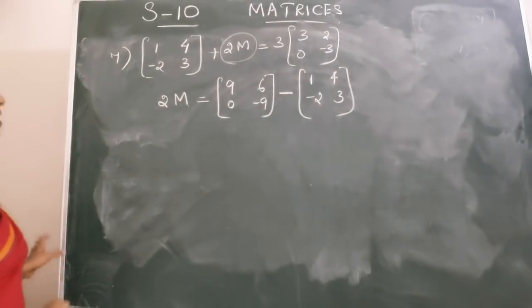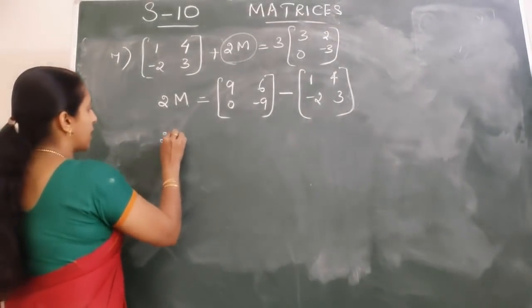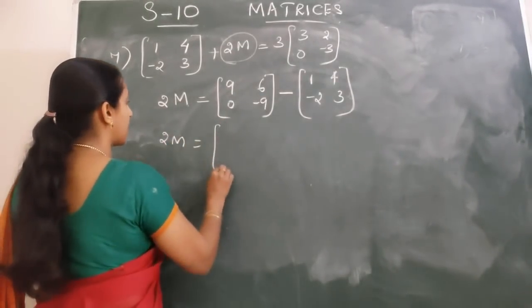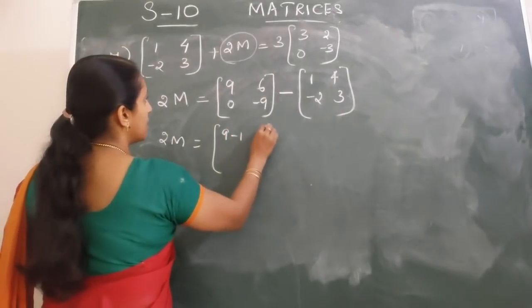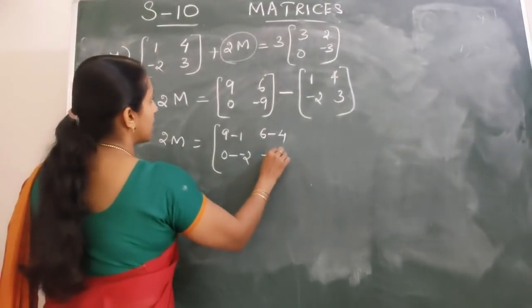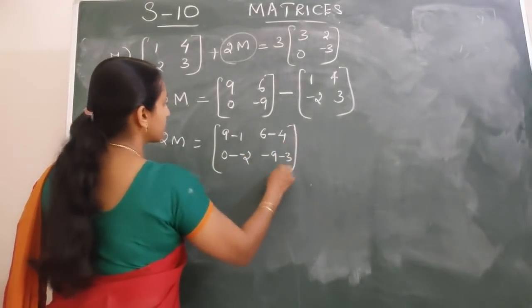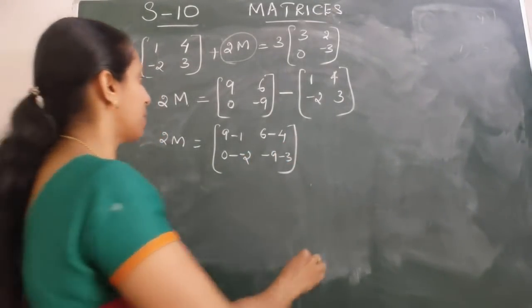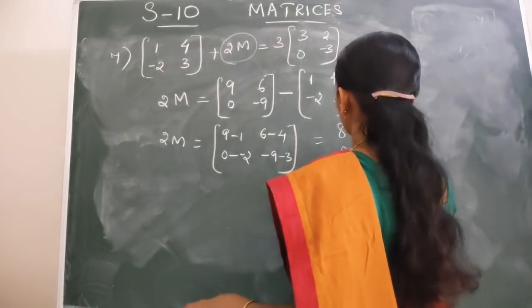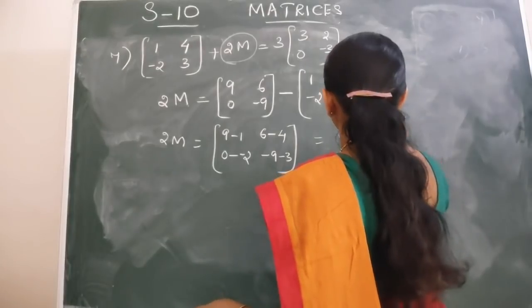Okay. Now, you will get the value of 2M as 9 minus 1. What is 9 minus 1? You can write it. 9 minus 1, 6 minus 4, 0 minus minus 2, minus 9 minus 3. So, you will get 2M as [8, 2; 2, -12].